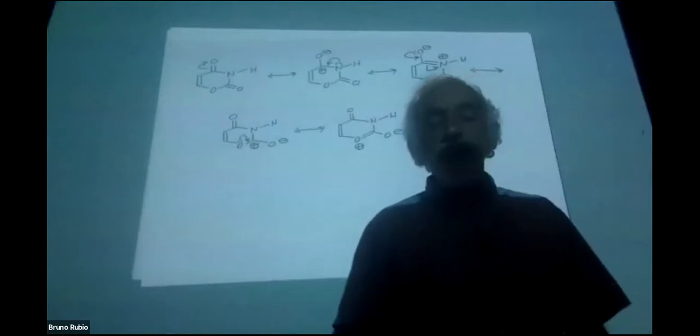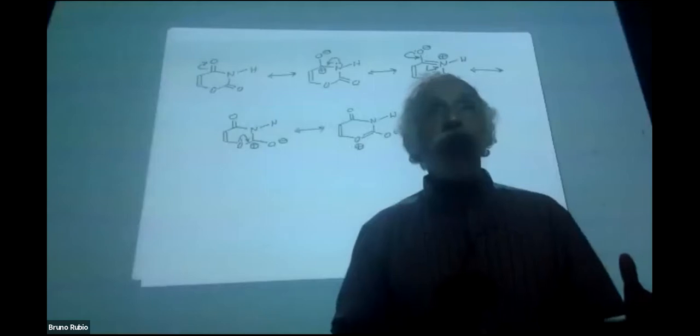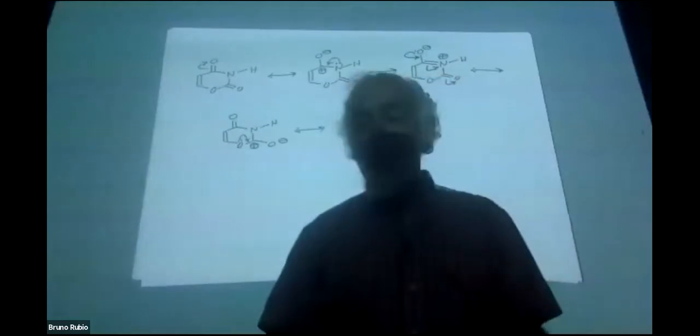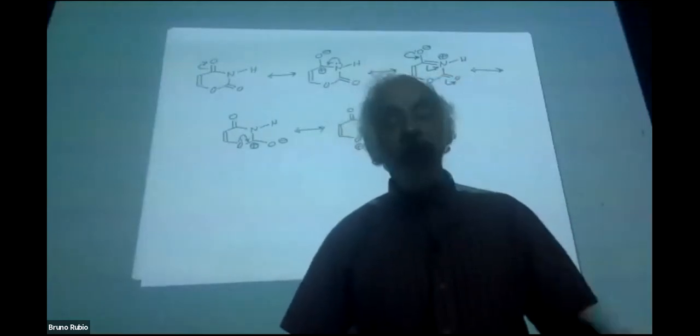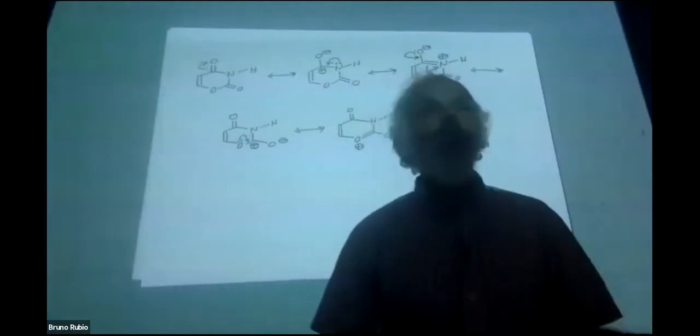So unless you're an expert, you don't have to write the next resonance structure from the last one that you just wrote. That's always possible to do, but that is not required. You can go back to any previous resonance structure and draw a new resonance structure from it.